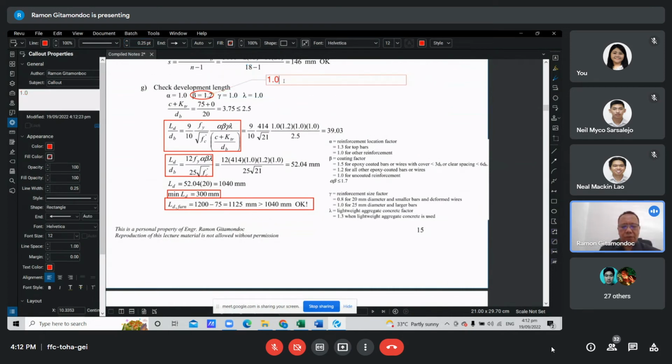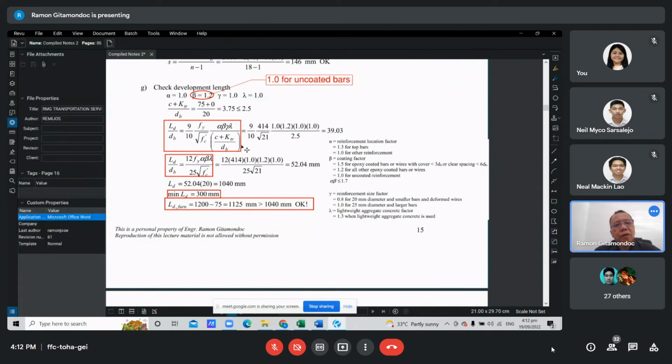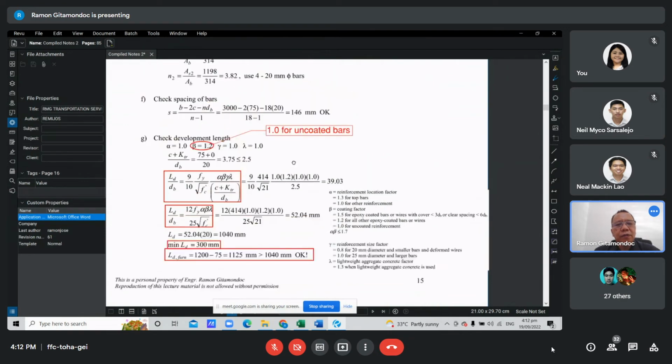That's 1.0 for uncoated bars. And gamma is the reinforcement size factor. So what reinforcement are we using? The diameter we are using is 20 mm.